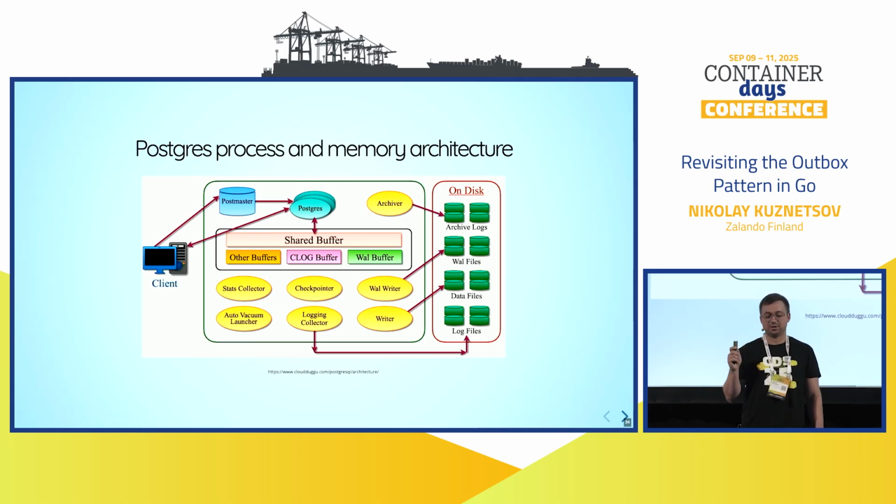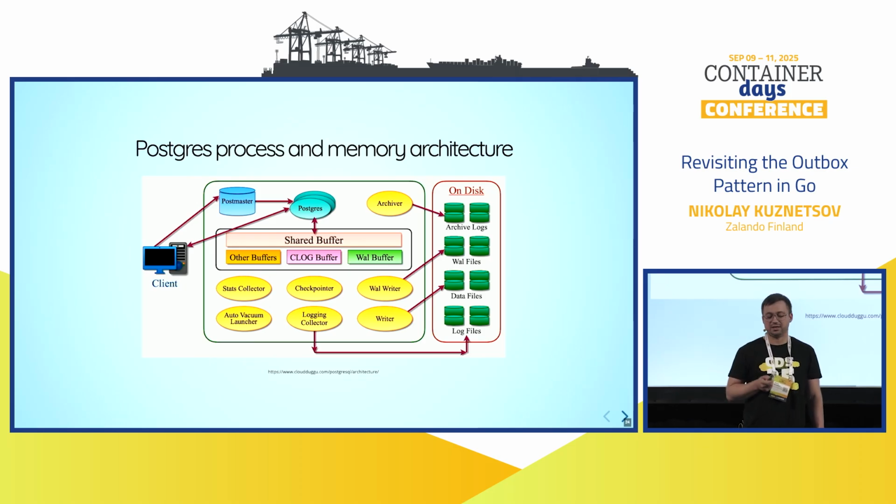Once you commit to Postgres, the changes are first written to the WAL buffer. Then the WAL buffer has to be synced to the WAL files. Once that happens, the transaction is considered committed, even though in the shared data buffer the data might not yet be synced to the data files. That's done as a performance optimization in Postgres.